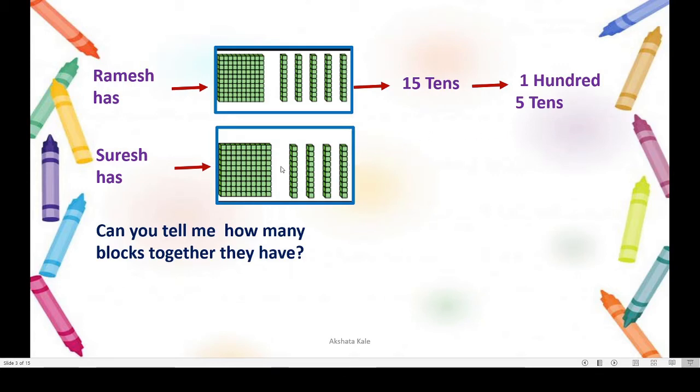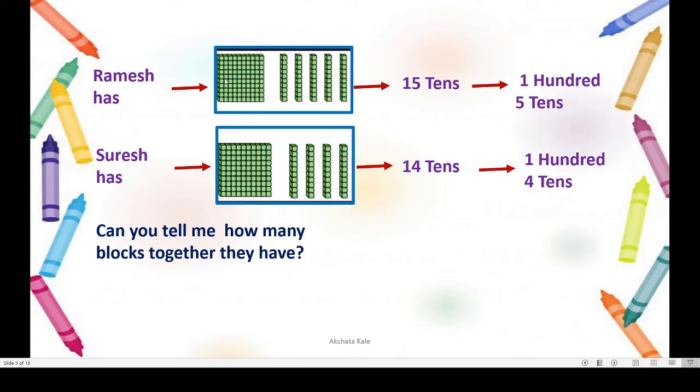Same thing we will write for Suresh. Suresh has this 10 block line and 1, 2, 3, 4, means total 10 plus 4. 14 tens he has is equal to 1 hundred and 4 tens. Got this, students?